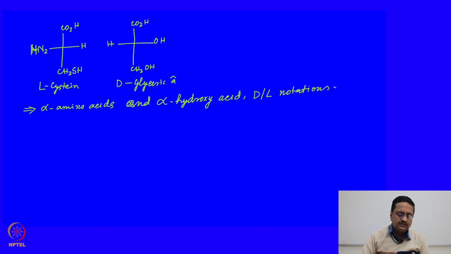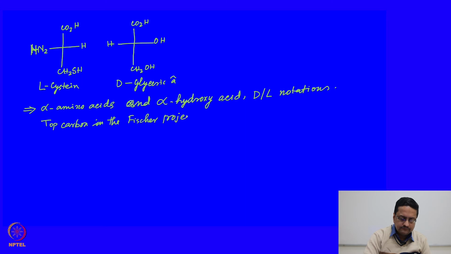So, in that case, the top carbon in the Fischer projection was looked at for D or L designation.